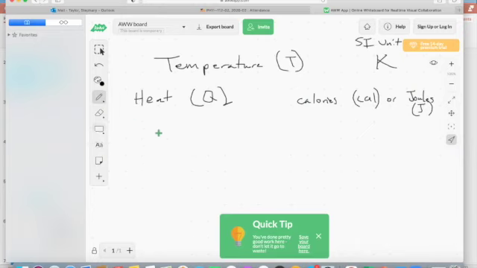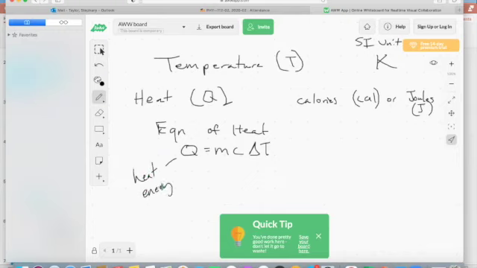All right, and so the equation of heat is Q is equal to MC delta T, where Q is your heat energy. Okay, M is the mass.